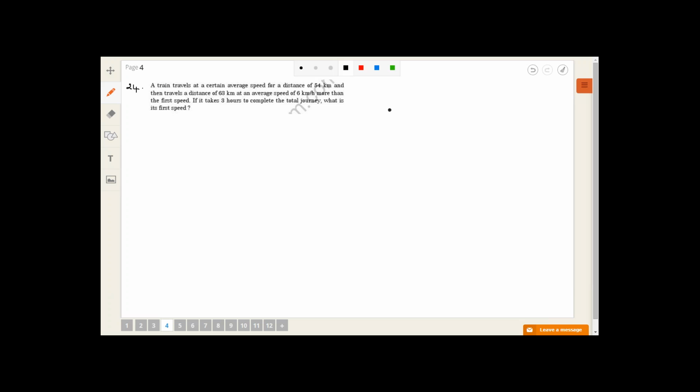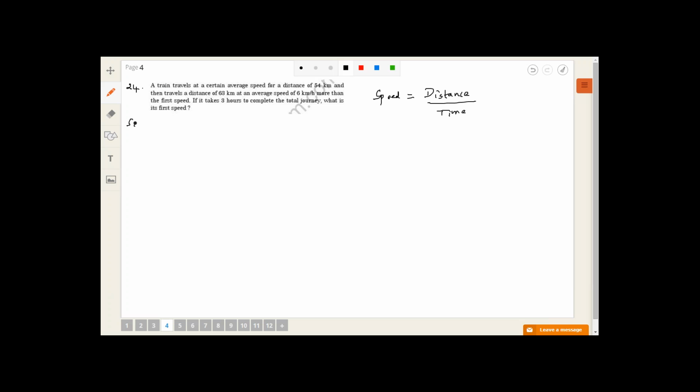Here, the well-known formula we need to use is speed is equal to distance by time. This is the basic formula that we need to apply. However, it involves the concept of a quadratic equation here.